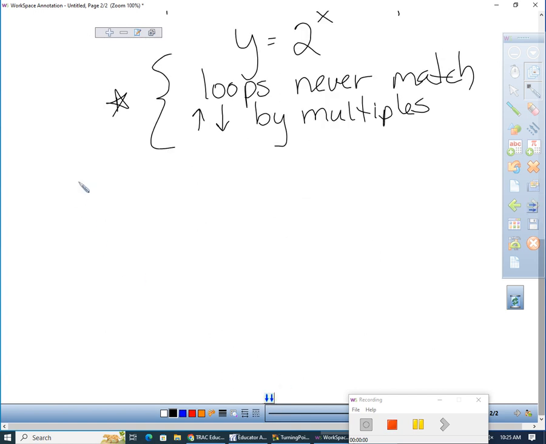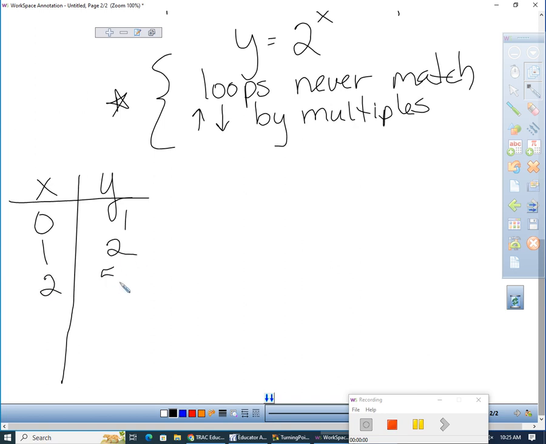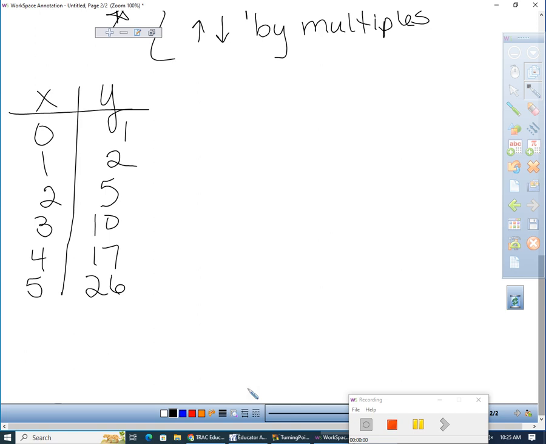So here's my table. I have x and y. Say I have 0, 1, 1, 2, 2, 5, 3, 10, 4, 17, and 5, 26. And we want to write a function rule for this. So we need to find out if it's linear or what it is.